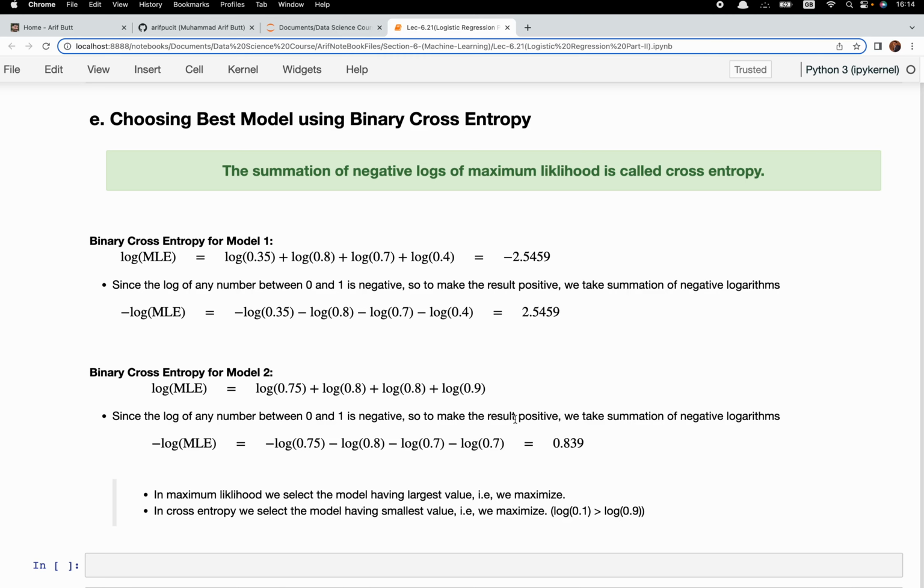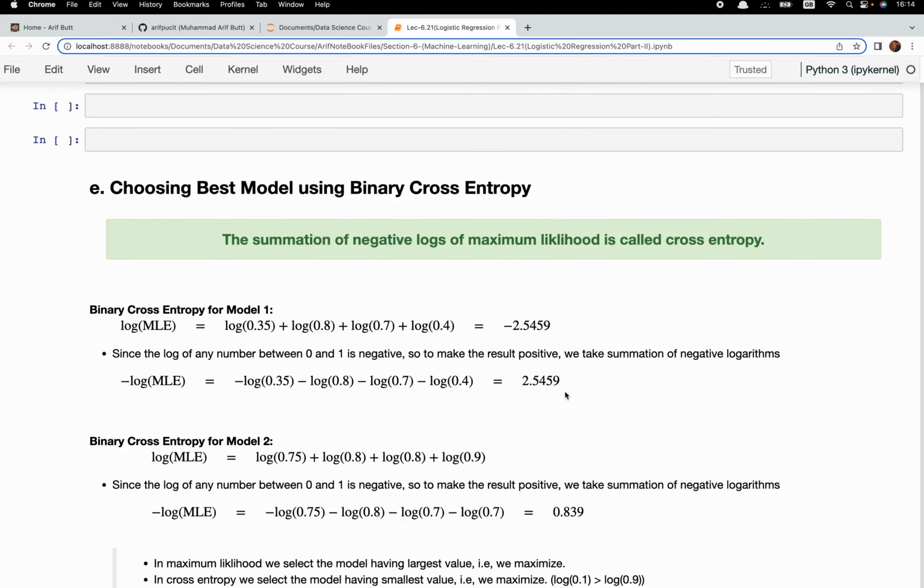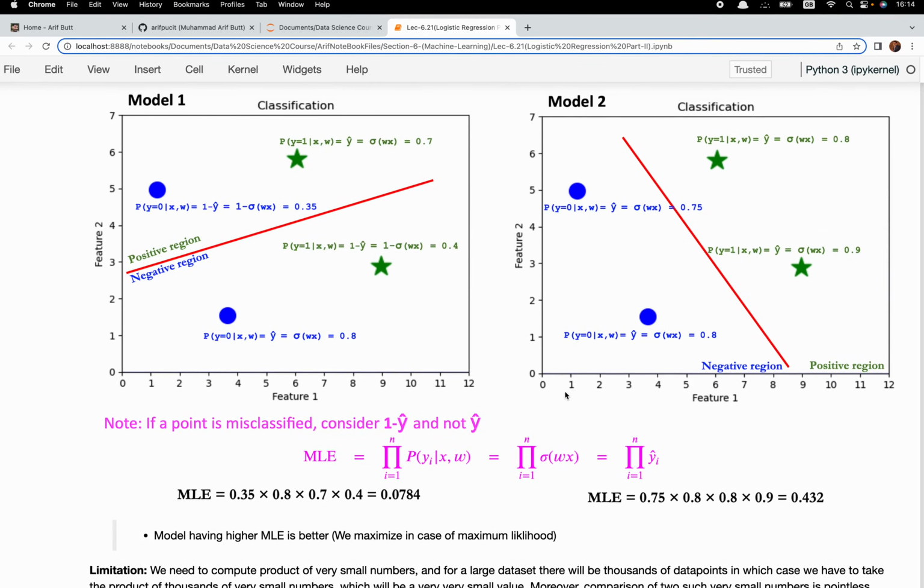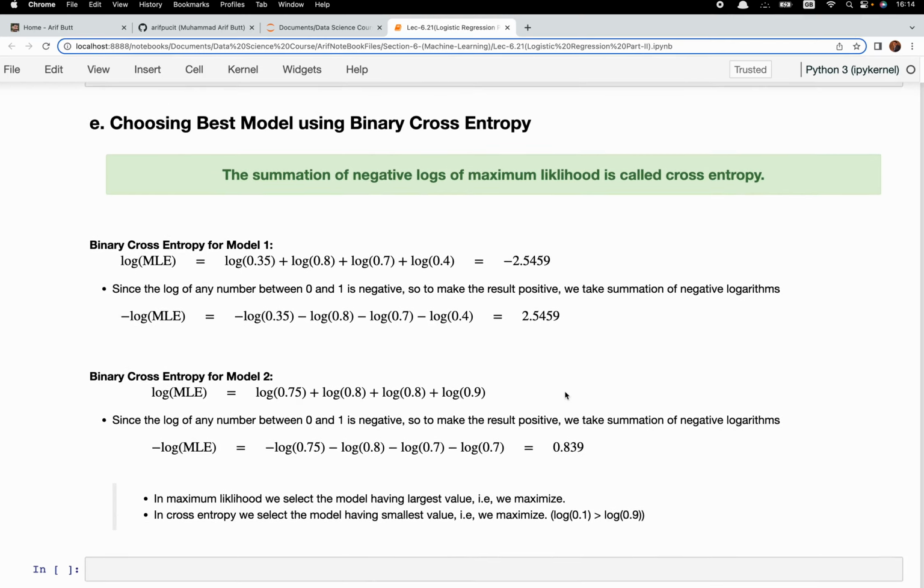On the contrary, in case of cross entropy, we select the model having the smallest value, that is, we minimize. And since model 2 has a smaller value of cross entropy, that is 0.839, it is better. The same result as we have achieved over here. I hope this makes sense.